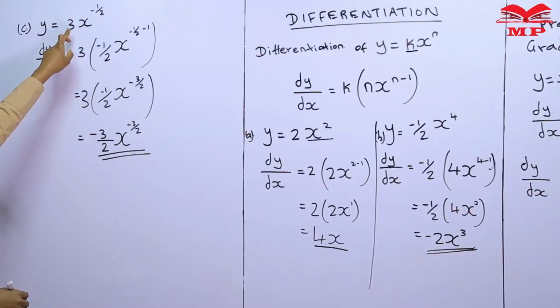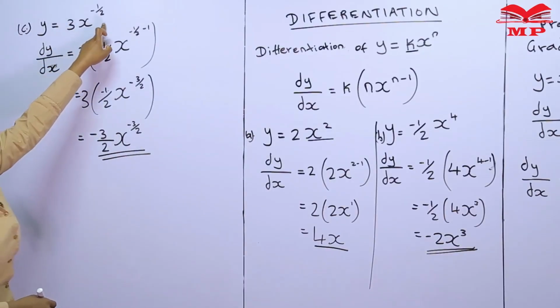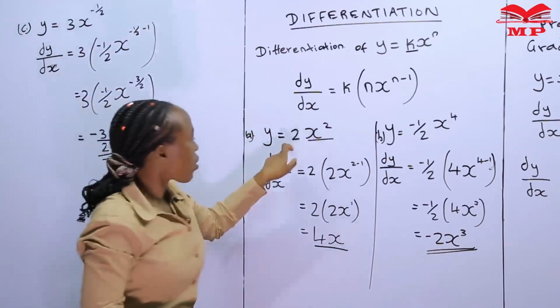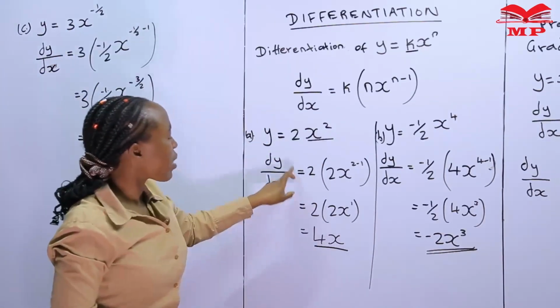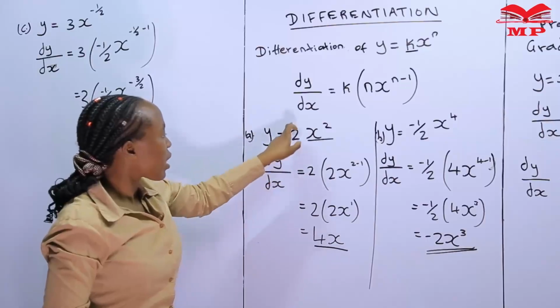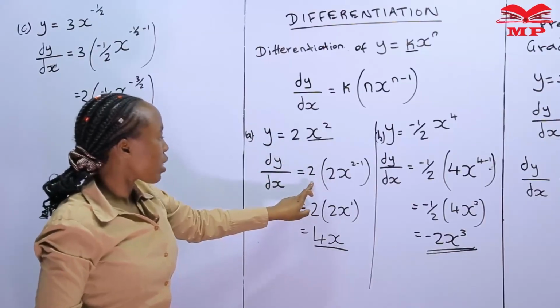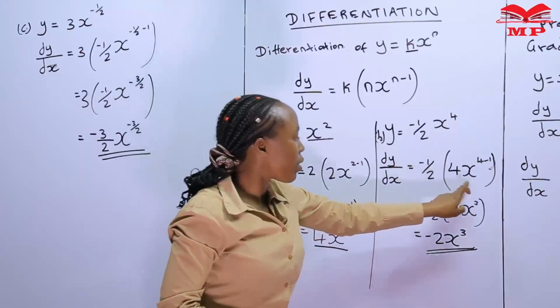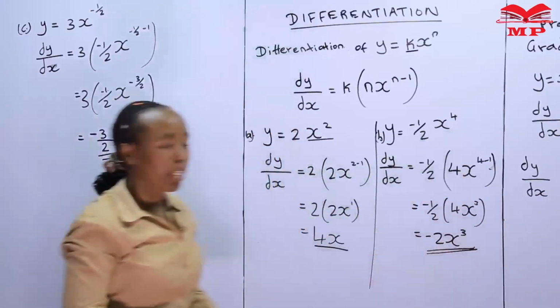We just find the gradient function of x raised to power n, and then we multiply by the constant. Like in our case here, the constant is 3. Here the constant is 2, so we are multiplying by this. We are not differentiating this constant. So we still have the negative a half, then we differentiate the x raised to power 4.